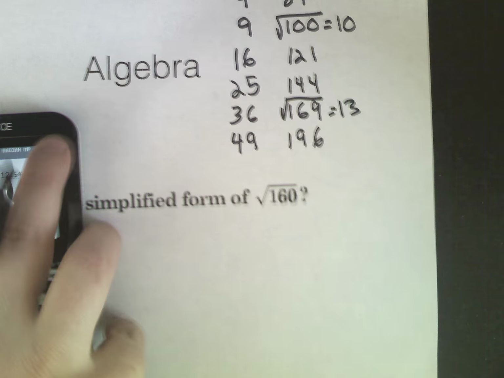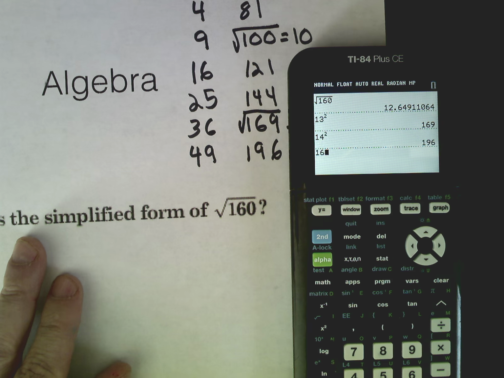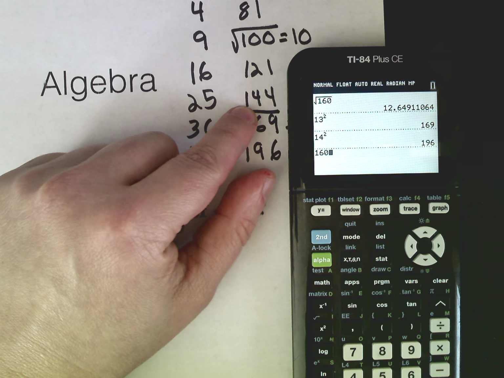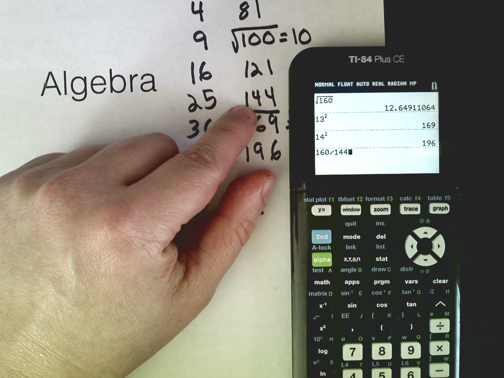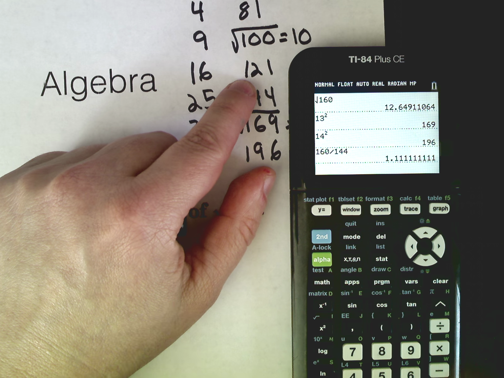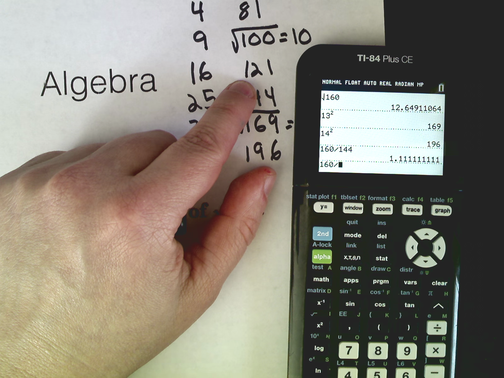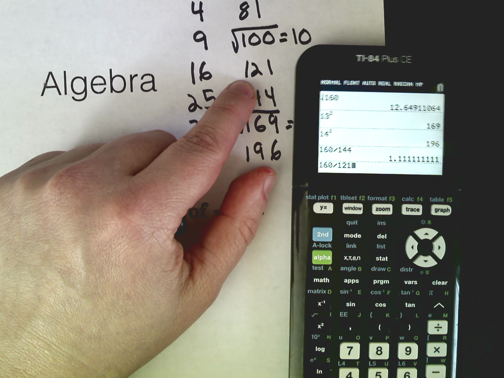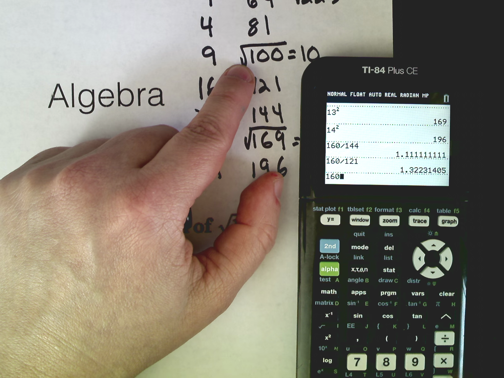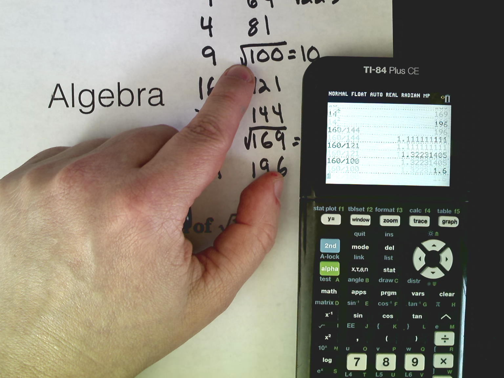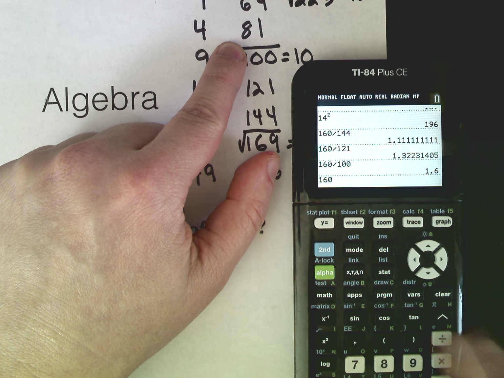So I'm going to take the number 160, and I'm going to divide it first by the first number that's less than 160, 144. Nope. I get a decimal. Keep moving. 160 divided by 121. Decimal. Keep moving. 160 divided by 100. Decimal. Keep moving.